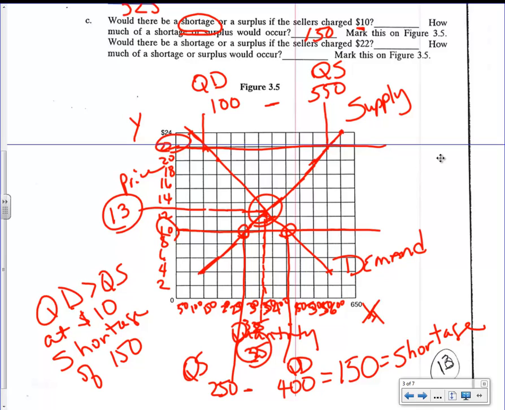So therefore, 100 minus 550, we have a difference of 450. Since quantity supplied is greater than quantity demanded, we have a surplus. Quantity supplied greater than quantity demanded is a surplus.